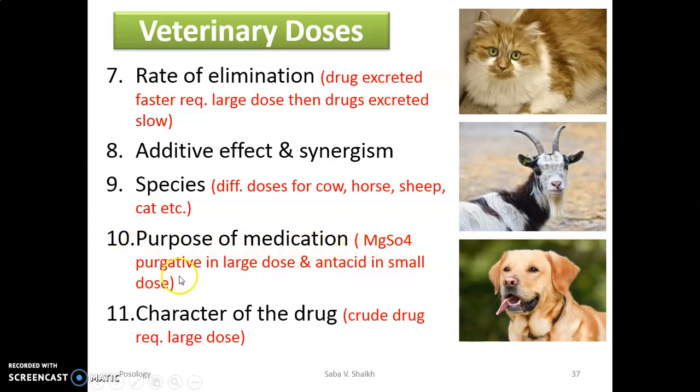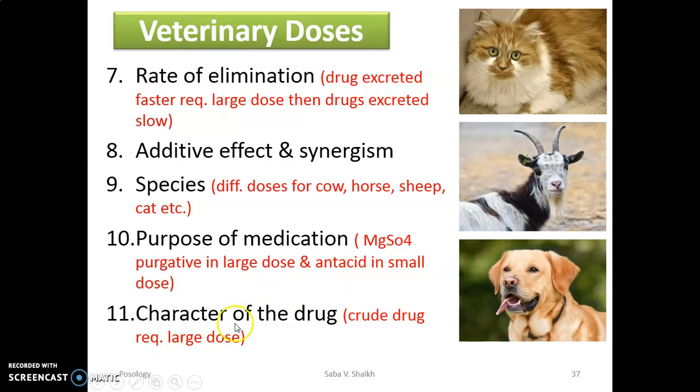Example, magnesium sulfate acts as a purgative in large dose, and acts as an antacid in small dose. So in the same animal, if you want a purgative action, you can give the same molecule, magnesium sulfate, in a large amount. If you want to treat only acidity, you can give a small dose of magnesium sulfate to get an antacid activity.